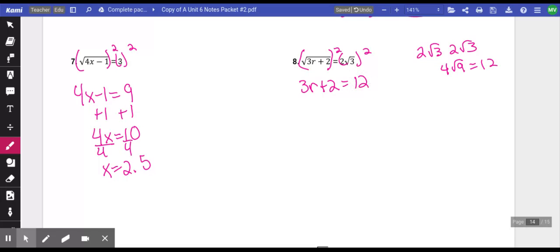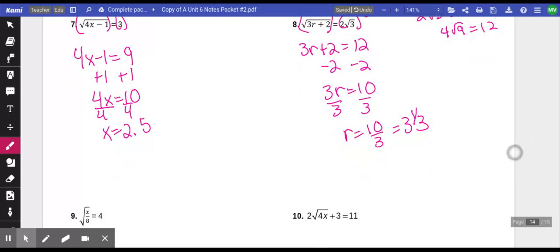So while it looked trickier, that's really just a number there. Then I subtract 2. I get 3r equals 10, divide by 3, and r equals 10 thirds, or you could say 3 1/3. You should not say it's 3.3 repeating because then you forget the repeating.